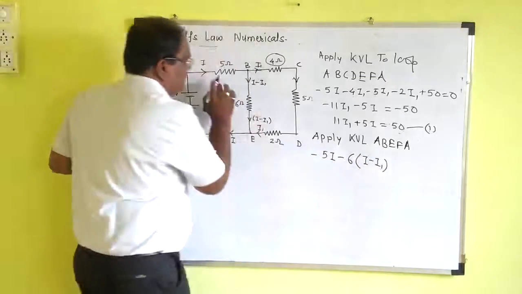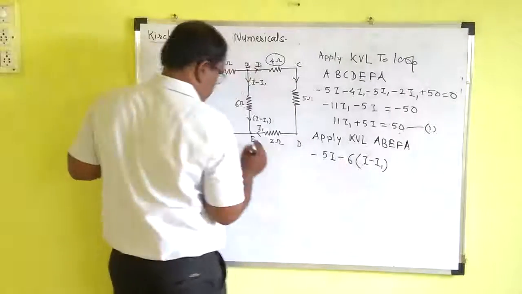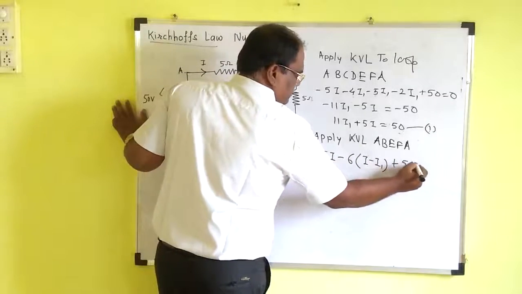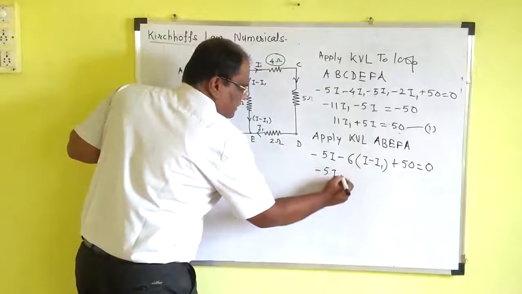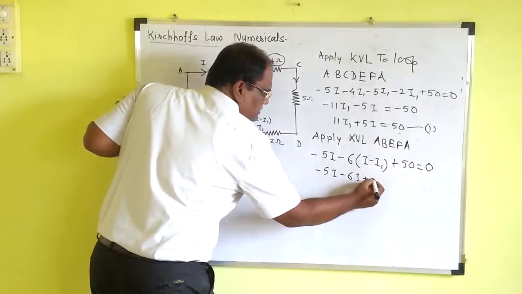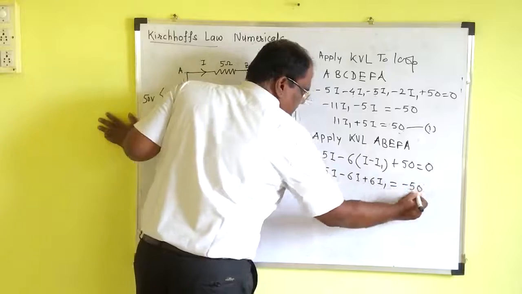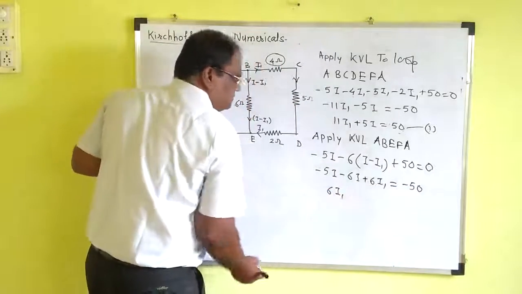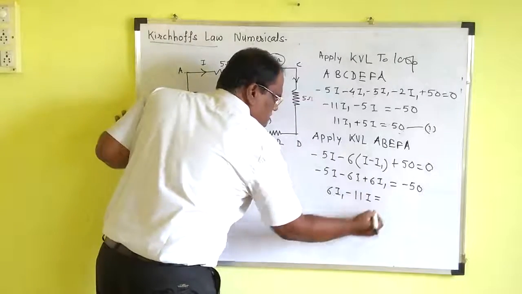This is the direction of current. Minus 6 into I minus I1, plus 50 is equal to 0. Minus 5I, minus 6I, plus 6I1 is equal to minus 50. 6I1 minus 11I is equal to minus 50.